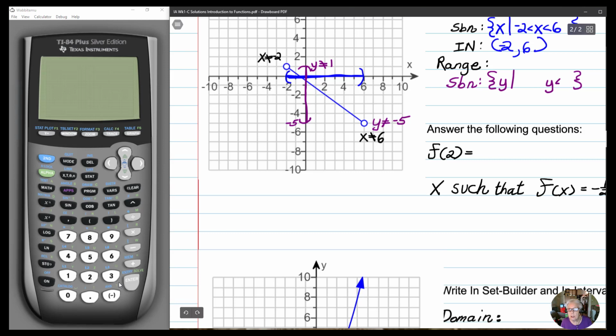It has to be located between -5, which is the lowest number, the lowest y coordinate, and +1, which is the highest y coordinate. Heck. Okay.